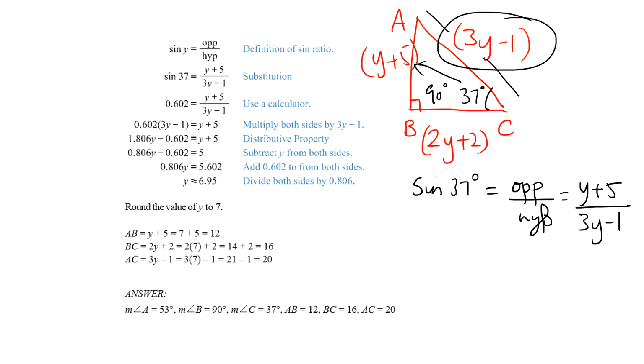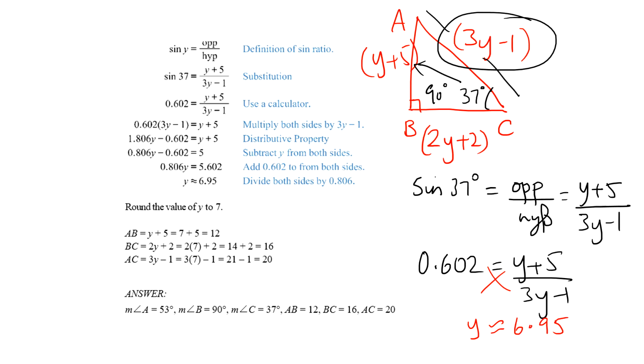Now use your calculator. Sine 37 will come out to be a decimal value, 0.602. Use your calculator, simplify. You can use cross product, and if you solve it carefully, your y will approximately come out to be the decimal 6.95.